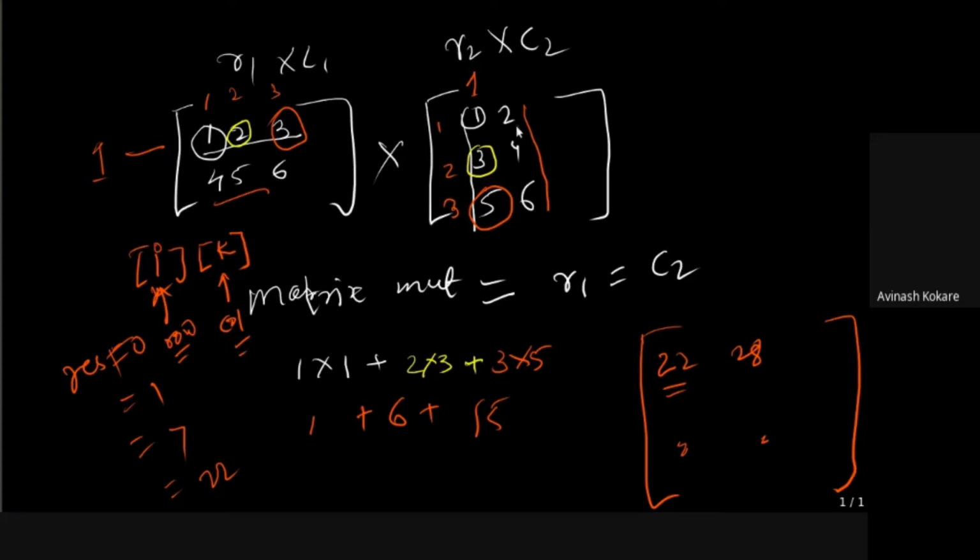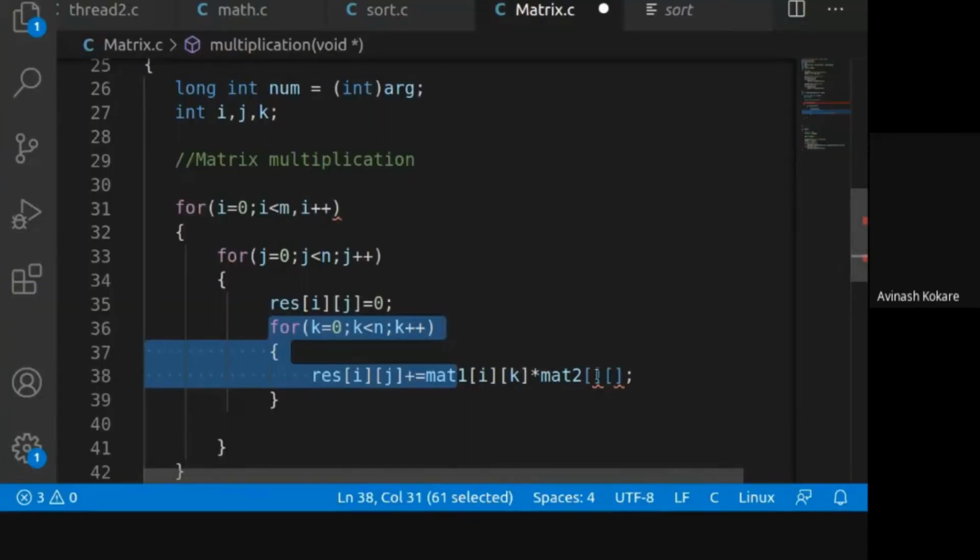Okay, now in the second matrix, what should change? The row should change. So you have to write these two indices, and here you have to write the index which is changing. So which index is changing? K is changing here, and J is remaining constant. So that's why it should be Kj.